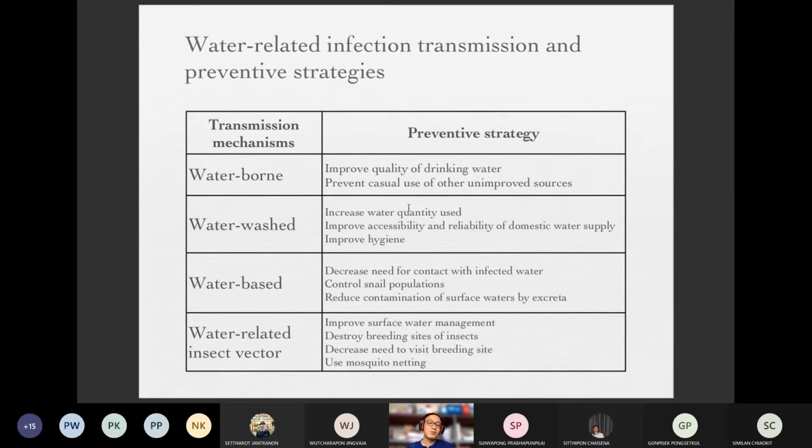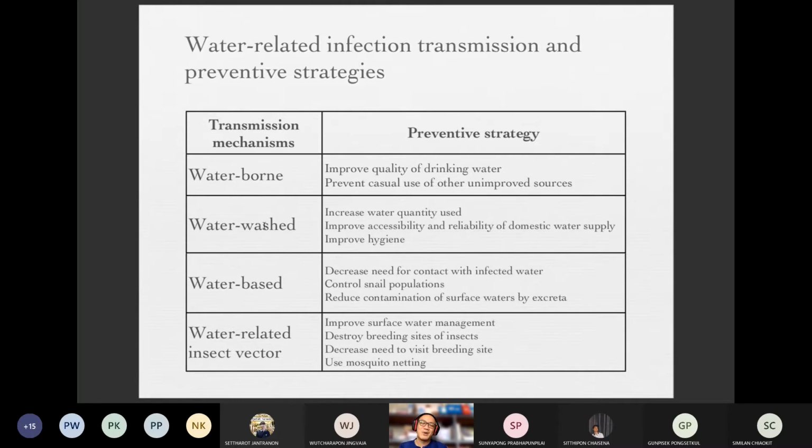Sometimes we are working on increasing the water quantity, okay, but mostly we are working on improving the quality of water, so that we can say that as environmental engineers or water resources engineers, we are dealing with these two issues: preventive strategies for the waterborne transmission mechanism, and also the water wash transmission mechanism.